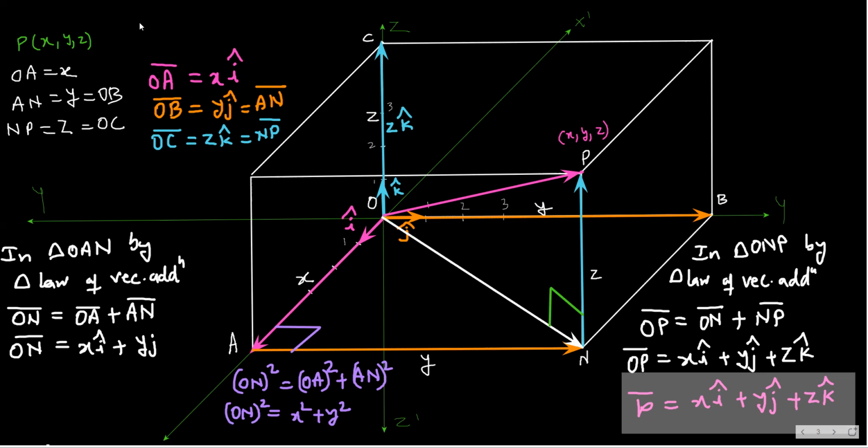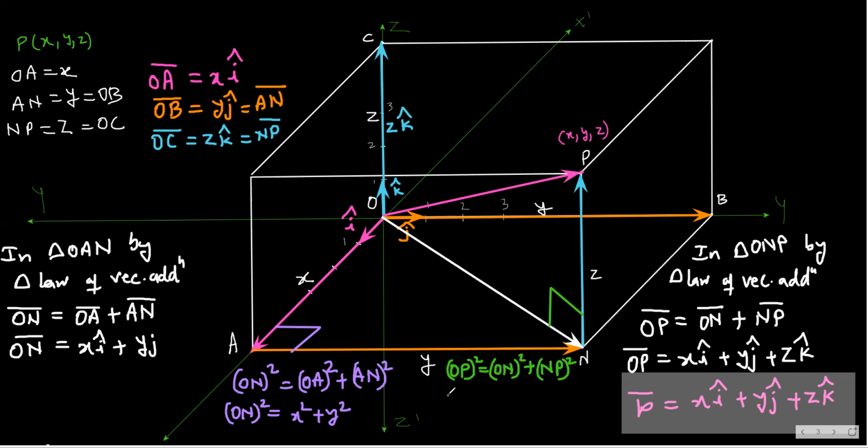So once again I will apply the Pythagoras theorem in triangle ONP. So when I apply, what I get is OP square, because OP is the hypotenuse, equals ON square plus NP square.